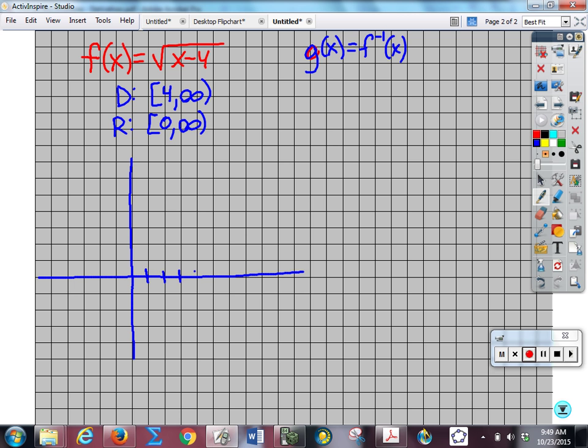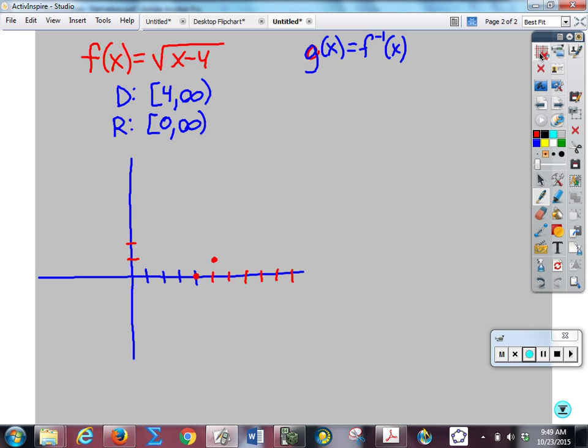So square root functions look like a sideways parabola. Remember that? So if I just plug in some points, when I plug in 4, I get 0. When I plug in 5, I get 1. You guys have been very helpful. What's another good number to plug in? So I can take the square root of 8. 1, 2, 3, 4, 5, 6, 7, 8.